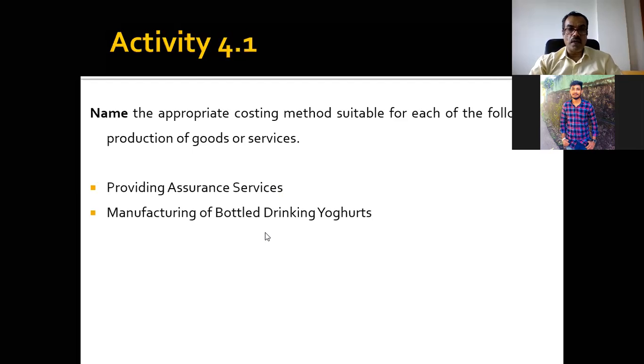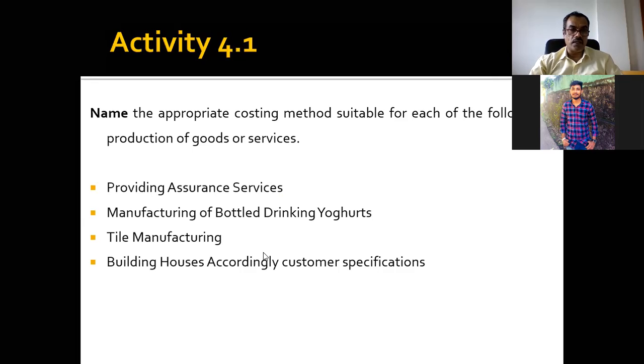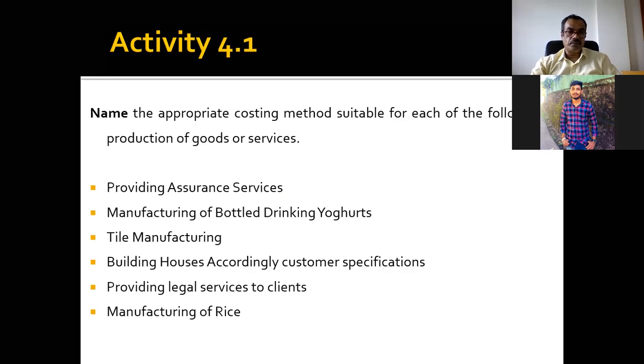Number two, manufacturing of bottled drinking yogurts. Tile manufacturing. Building houses according to customer specification. Providing legal services to clients. Manufacturing of rice.